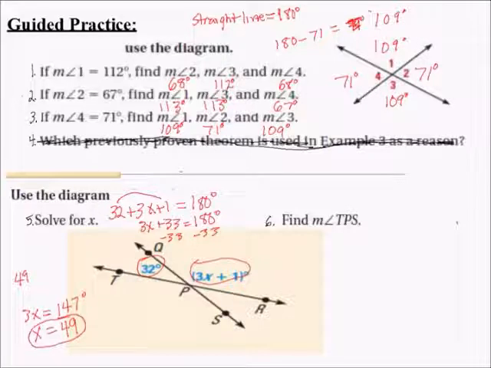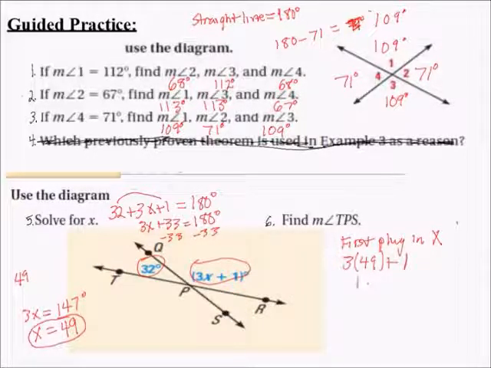And we know we need the measure of angle TPS. So to find it, we need to know what this angle is. So first, plug in x. So I have 3 times 49 plus 1. So that's going to be 147 plus 1.